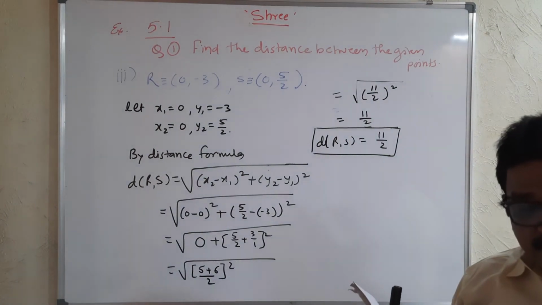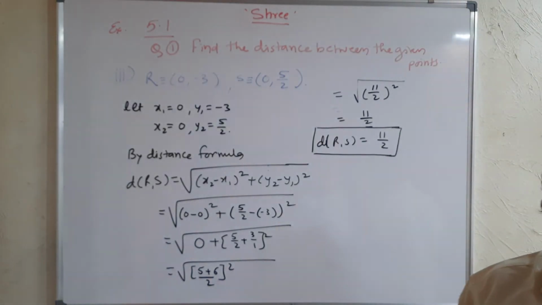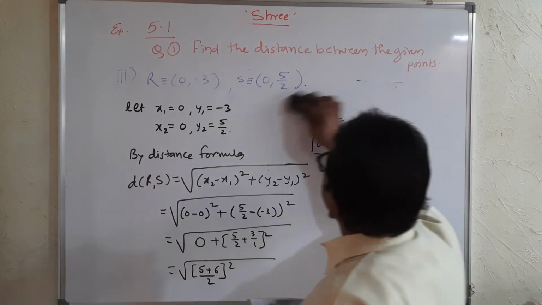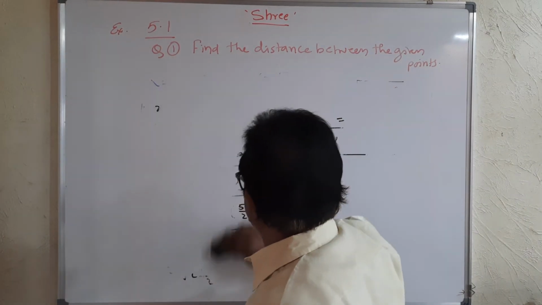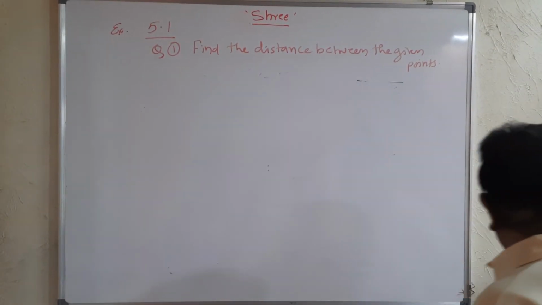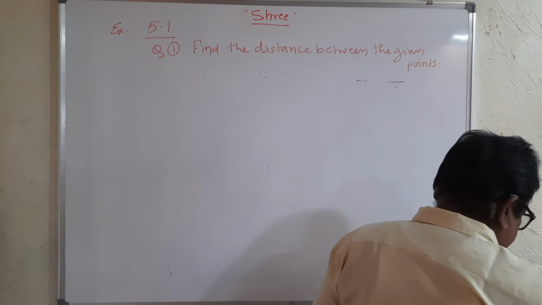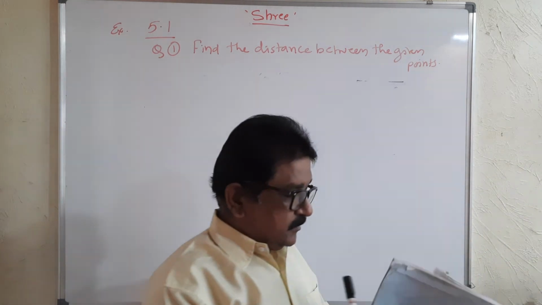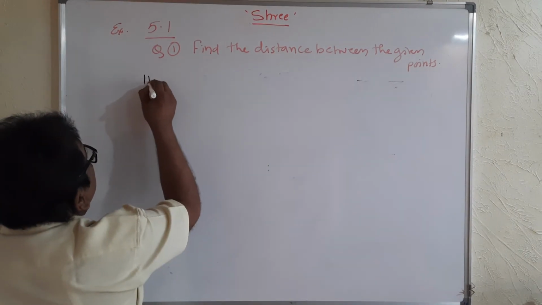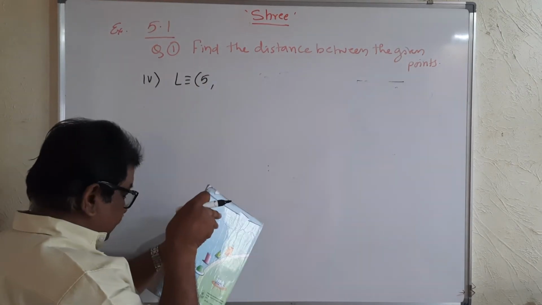Next one is the fourth one, point L. Fourth one, L corresponds to 5 and minus 8.